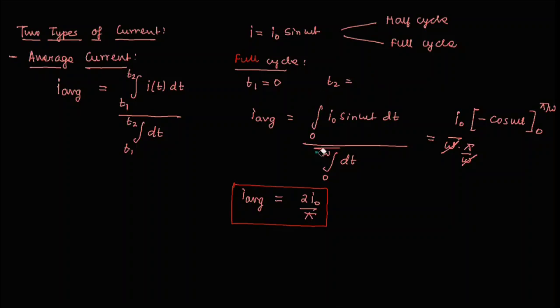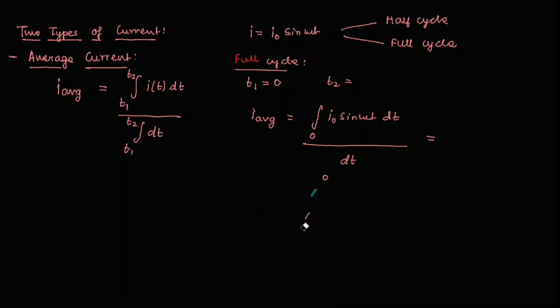We have to change the limit on the upper and lower side both. So we will attain something like this, from 0 to 2 pi by omega. T2 is equal to 2 pi by omega.